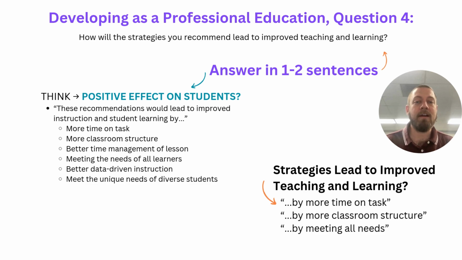Just think about how the recommendations you made and that you already discussed in great detail will lead to improved teaching and learning. It can be very simple and straightforward because you already discussed these things and described them in detail. Now you just need to put a bow on it and talk about in 1 to 2 sentences how these recommendations will lead to improved teaching and learning.